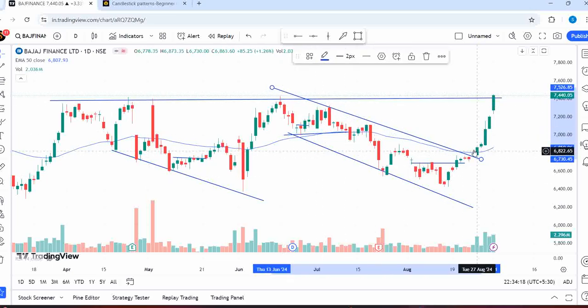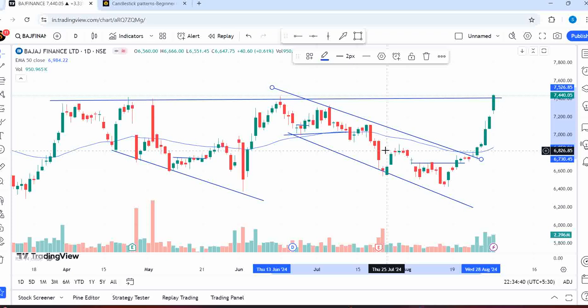Here, they know that it has given good resistance from here, so there can be a chance that it can come down, but they will wait. Once it crosses this and forms a strong candle, then they will get an entry here and a chance to go ahead. So this is how we can read a chart.